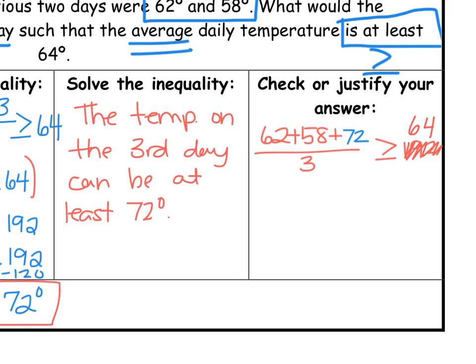Okay, so 62 plus 58 is 120, so we get 192 divided by 3. Is that greater than or equal to 64? 192 divided by 3 is 64. Is 64 greater than or equal to 64? It is. So the answer is correct.